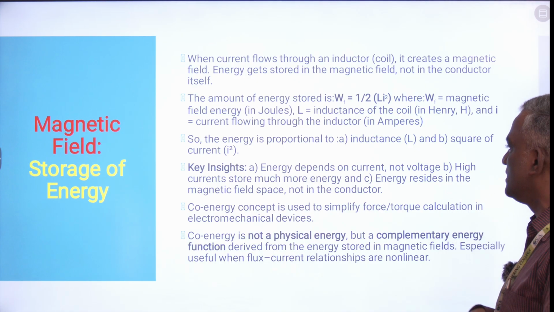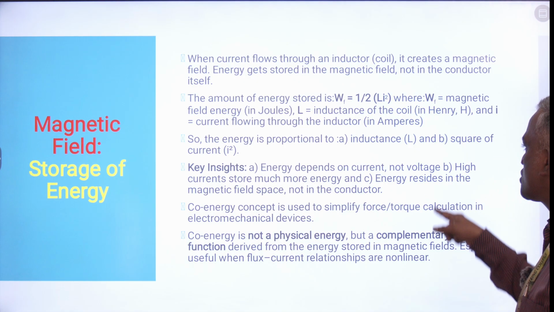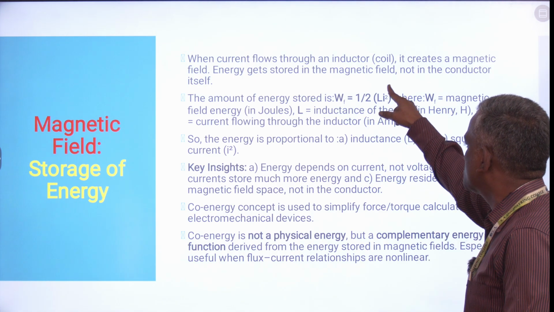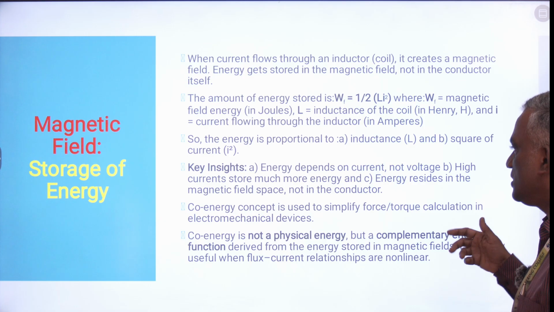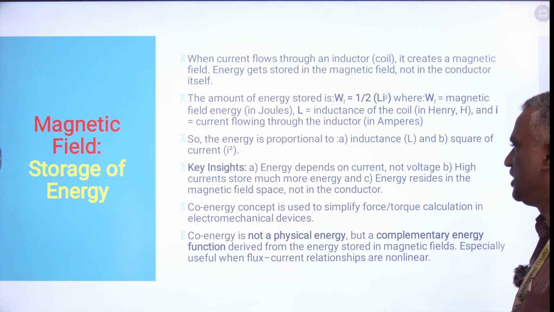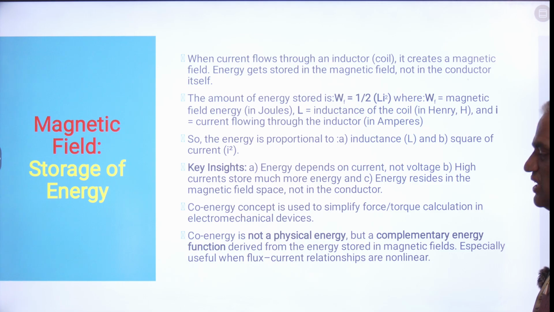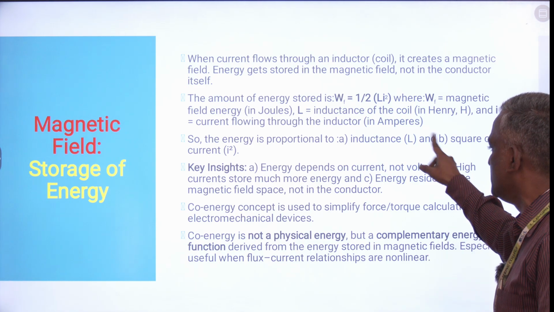So it is very clear that the field energy is proportional to inductance L, and proportional to the square of the current. The key insights from this formula are: first, energy depends only on the current and not on the voltage.